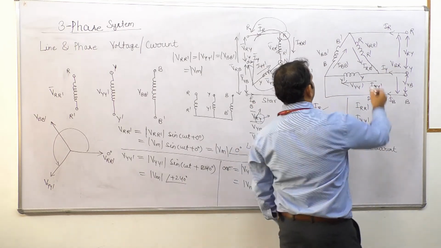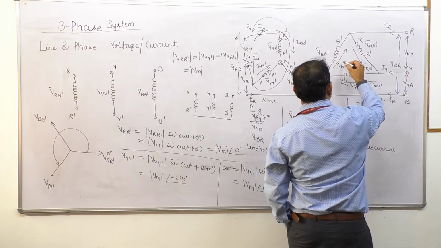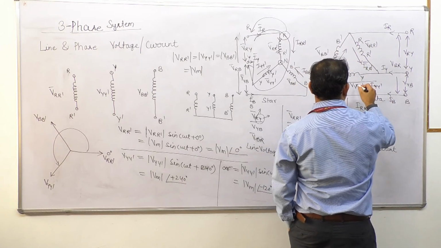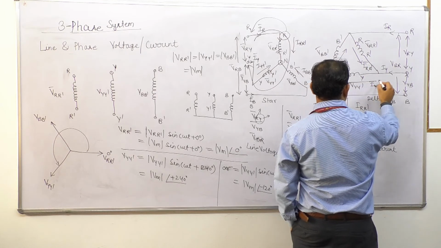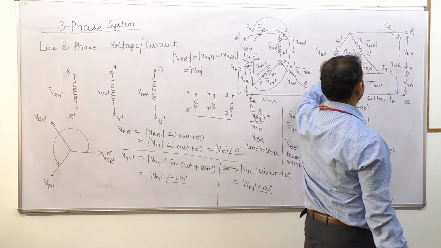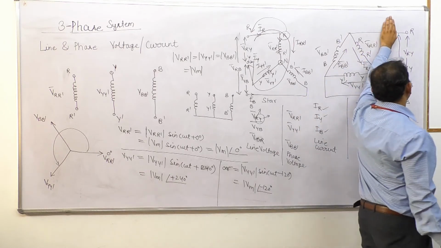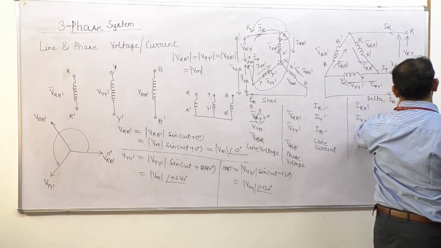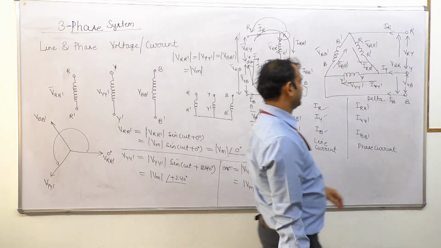These three currents are called phase currents. This current, this current, this current are phase currents, and this current, and this current are called line currents.